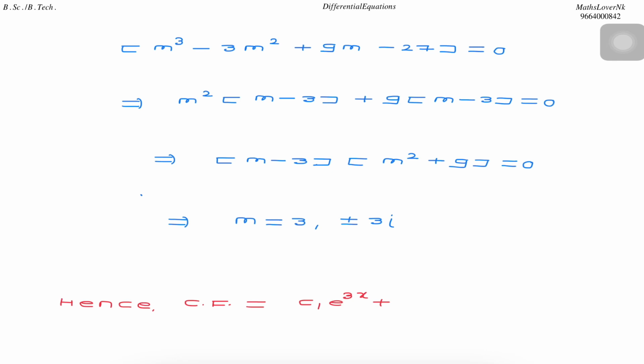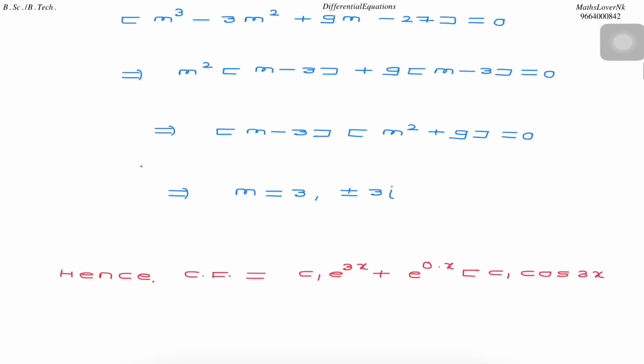So here the value of alpha is 0, so e to the power 0x, C1 cos 3x plus C2 sin 3x.